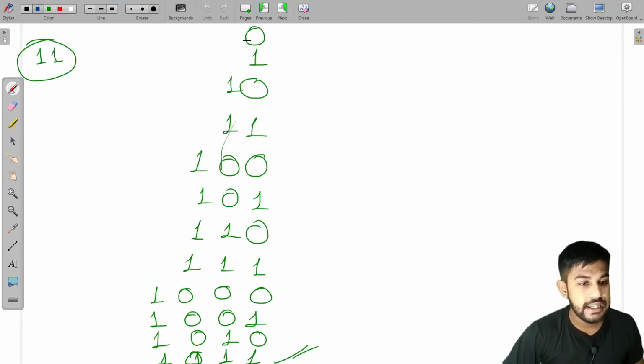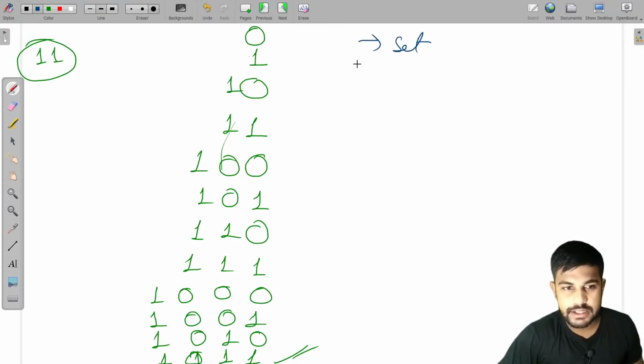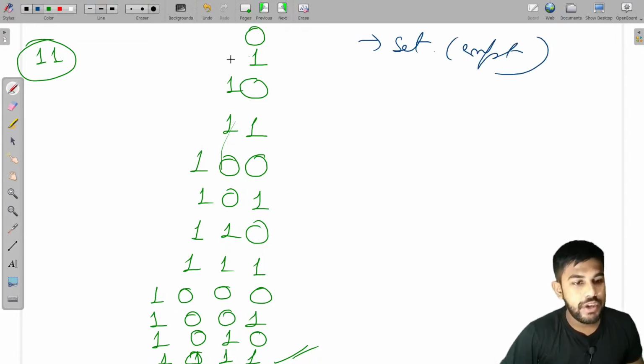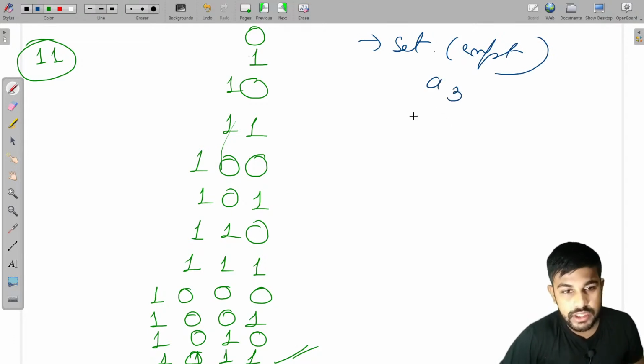Just see this. This is 0, so we have an empty set. That would be empty. Okay, and here we have the last bit set, so we would just write a3, and we have the second bit set, we would write a2, and then we have the last two bits, that is a2, a3.